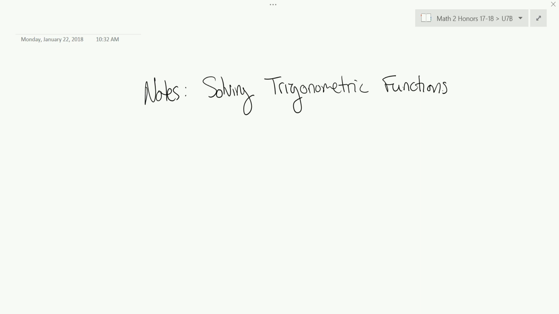Okay, so first of all, before we get into the solving, I'm going to give you a couple of problems that lead towards the solving type problem.